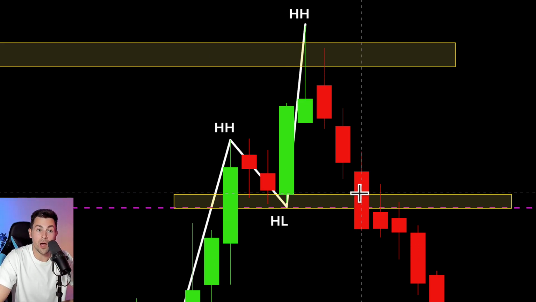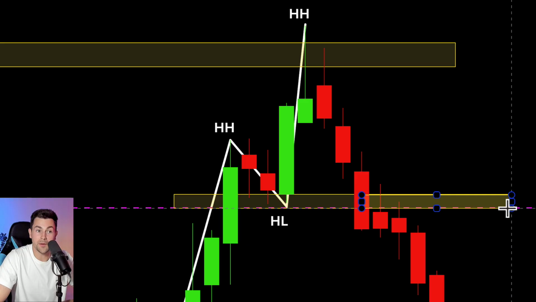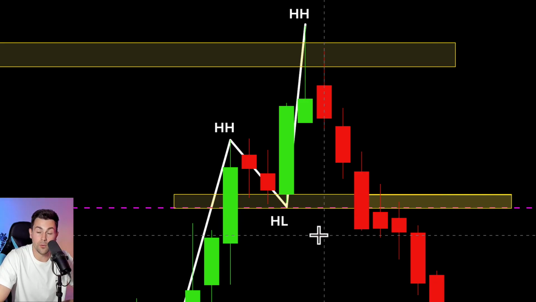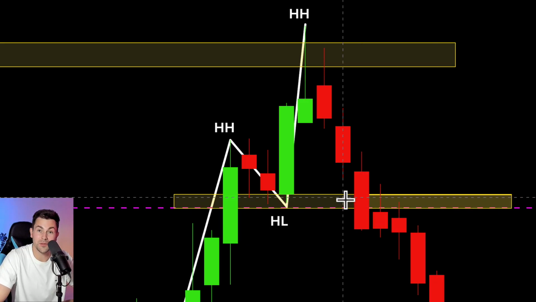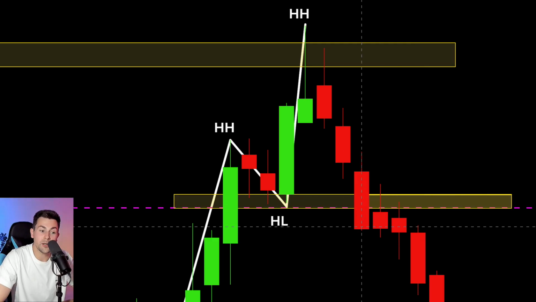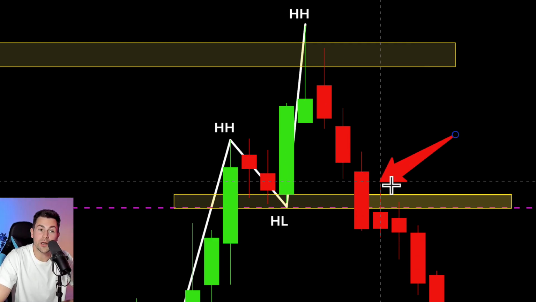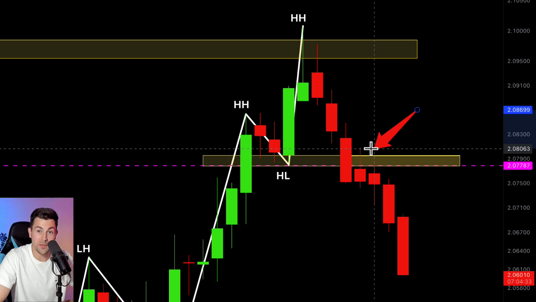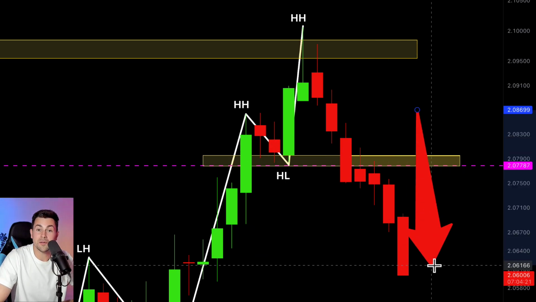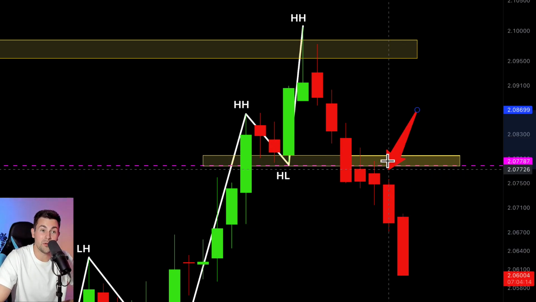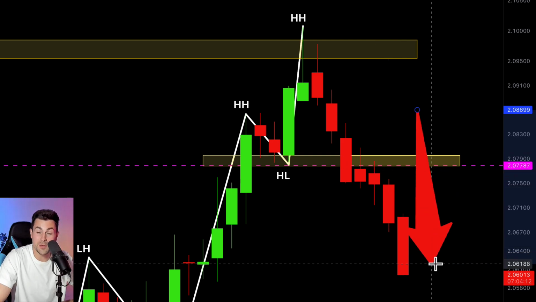Our breaker block became right here after a breakout of our bullish order block zone. It turned into a breaker block and here was the zone from where we should have sold the market. You can see that the price dropped strongly then and we got a confirmed bearish reversal.